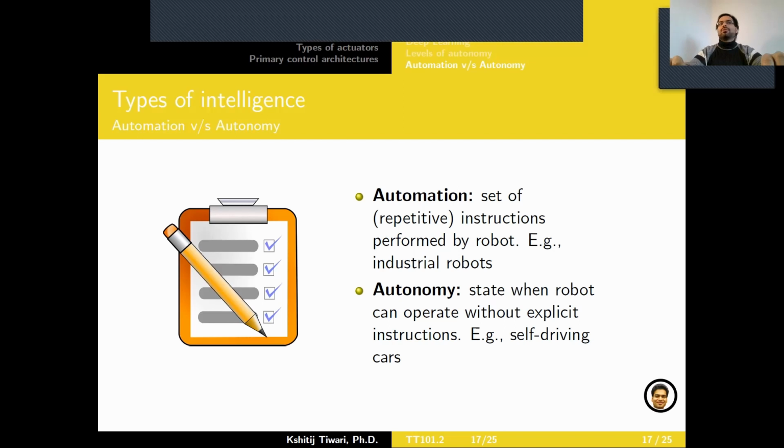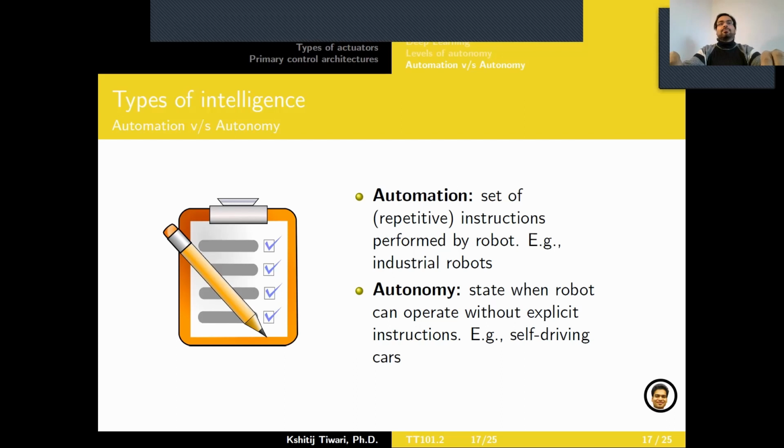But when things don't go according to plan, then there's a buzzer that sounds, and somebody, typically a human, needs to go there to fix the scenario and then restart the automation process. So then it goes back to just if this then that kind of conditions. Autonomy, on the other hand, is not so much about the process, but it's the state when the robot can operate without explicit instructions.